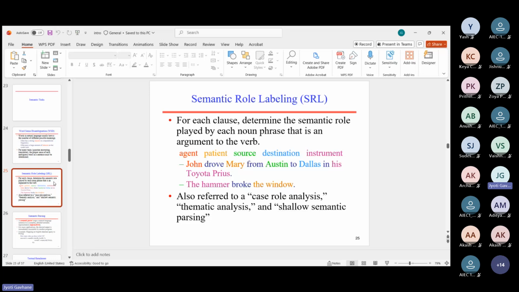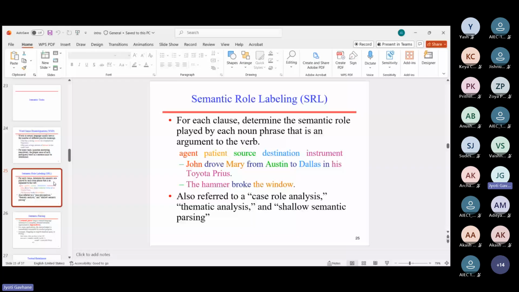We have seen clauses in the Catalan numbers, right? Based on the clauses, the number of parses increases. So you have to find the clause first, then determine the semantic role played by each noun phrase, which is an argument to the verb.